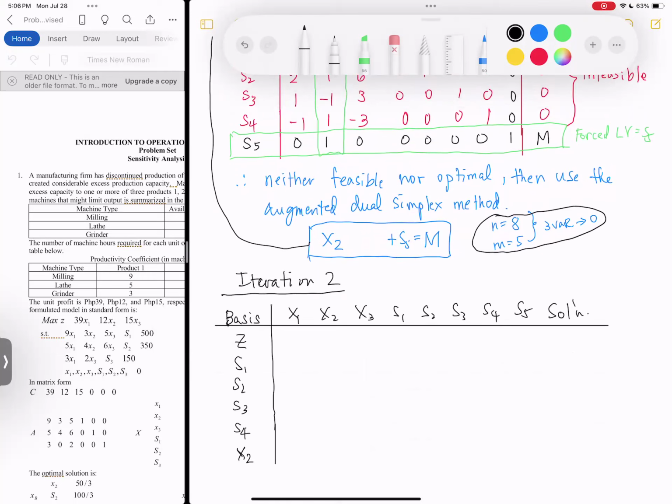Okay. So the last row will now have to be divided by the pivot element, right? But since the pivot element is already 1, then you just copy the last row. So 0. I hope that's understood? That's simplex procedure only.